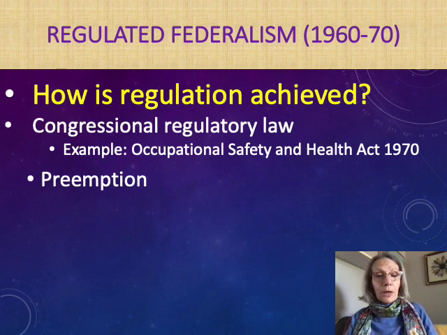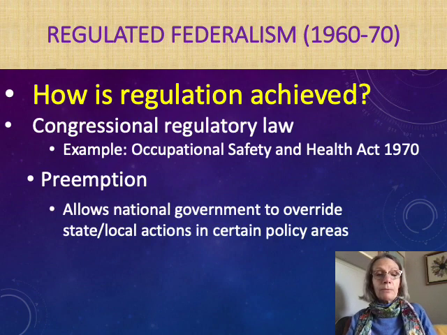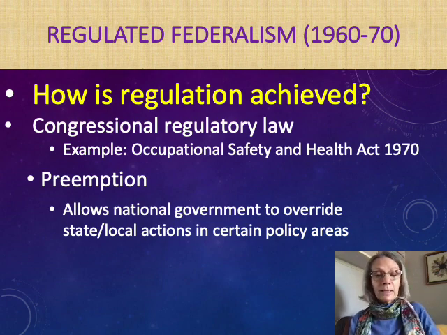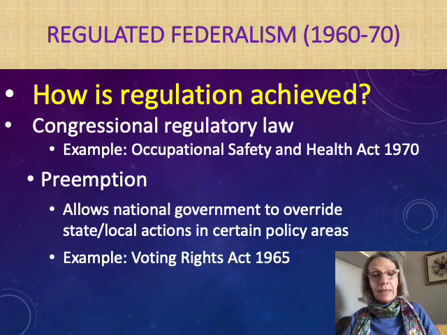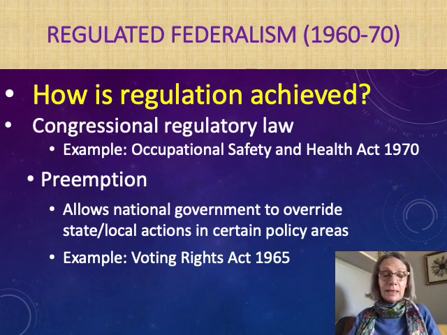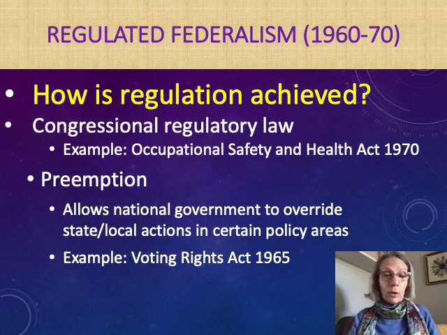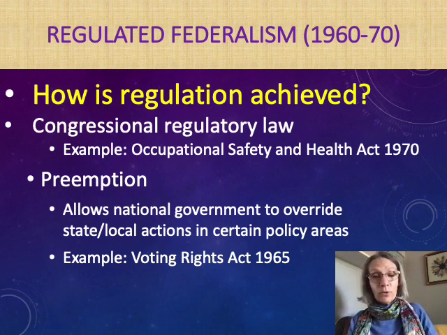and being imposed on the states. There were also preemptions that allow the national government to override state and local actions in certain policy areas. Okay, a really good example of that is the Voting Rights Act of 1965. The Voting Rights Act of 1965 basically told states, particularly states in the South, that they could not continue to engage in racially discriminatory policies as they relate to access to the ballot, the right to vote.